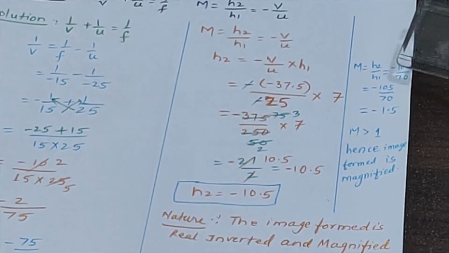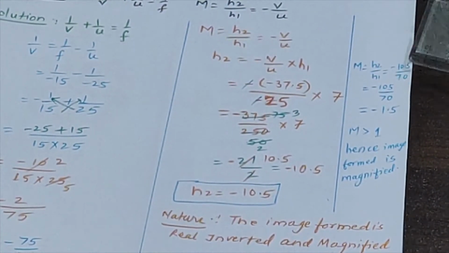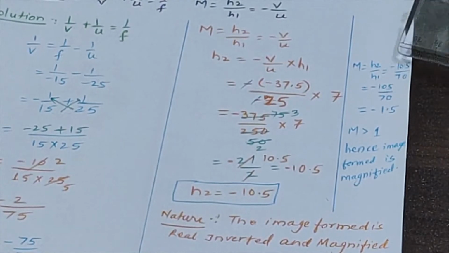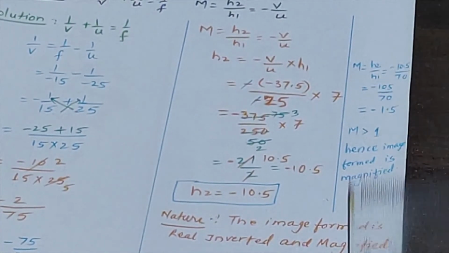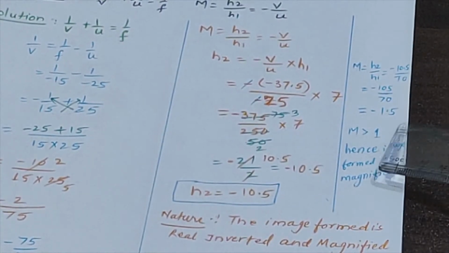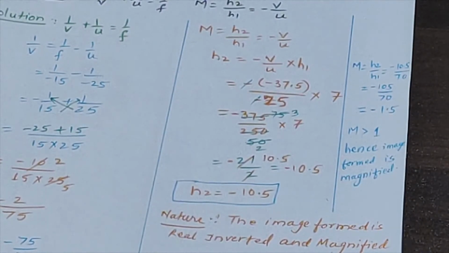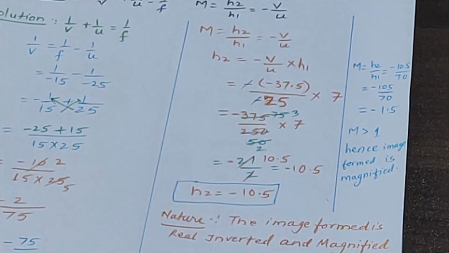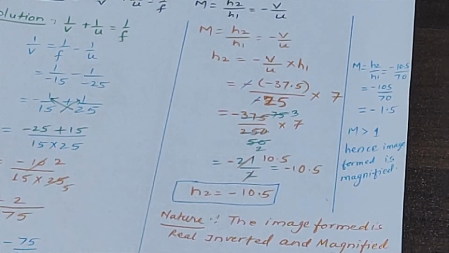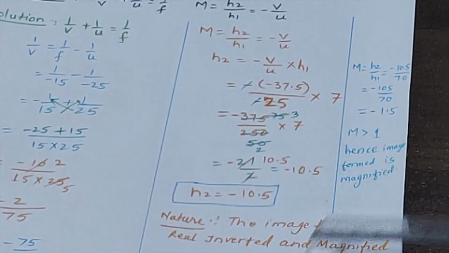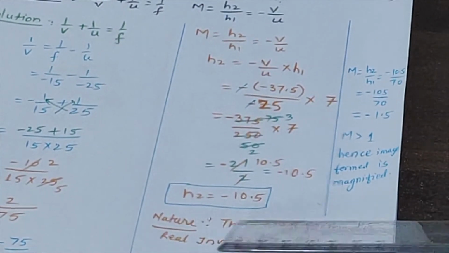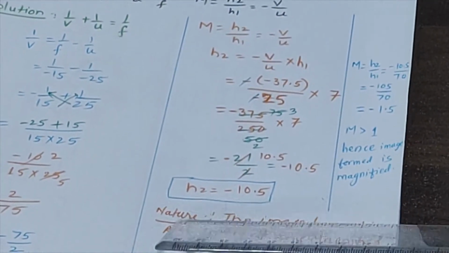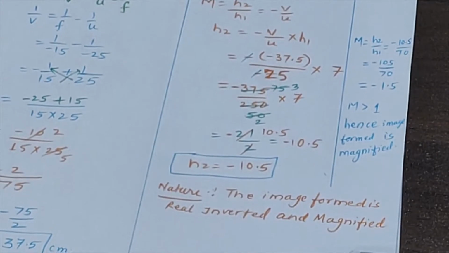So minus 10.5 divided by 7, which I have solved, and I got the value as minus 1.5. Now this 1.5 is m, and this magnification is more than 1, meaning magnified. My image is magnified. So the total nature will be: the image formed is real, inverted, and magnified.